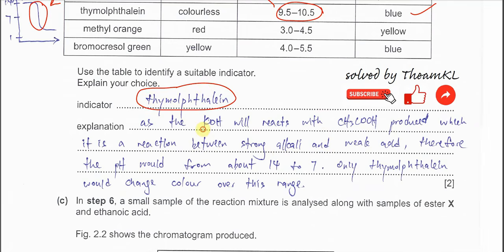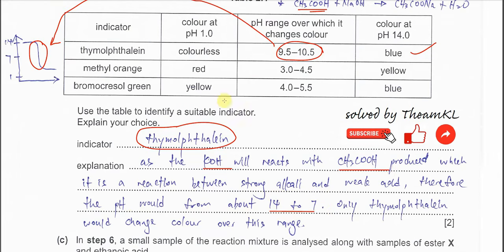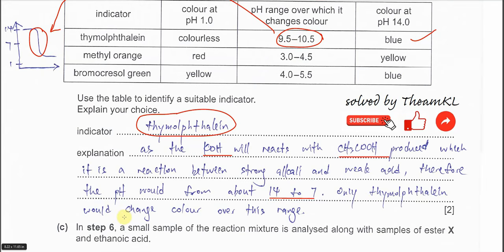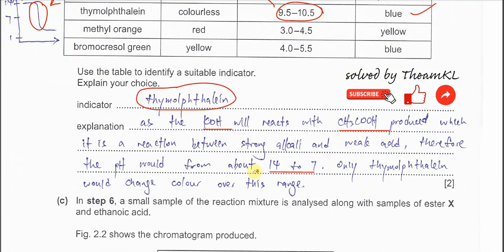Because there is a reaction between KOH and the weak acid produced, so the pH decreases from about 14 to 7 or lower. We must choose the indicator whose pH range is within this, so only thymolphthalein is the more suitable one in the table. That's the explanation, try to use this.